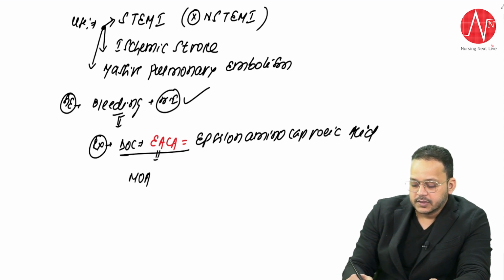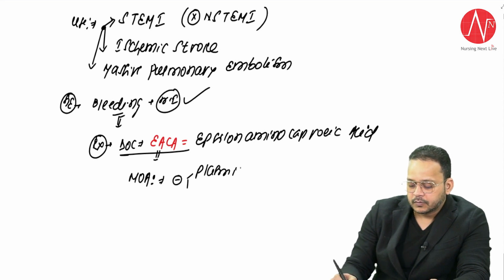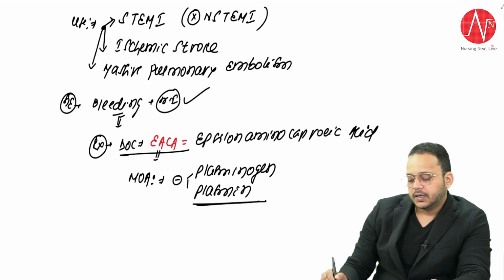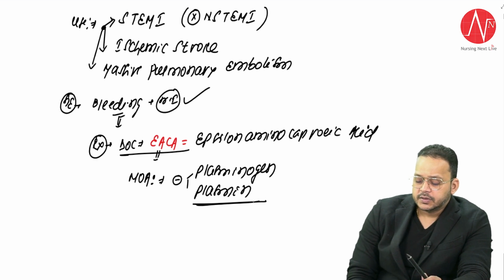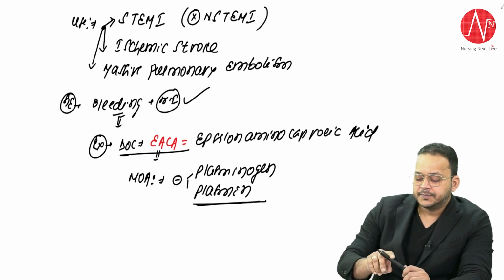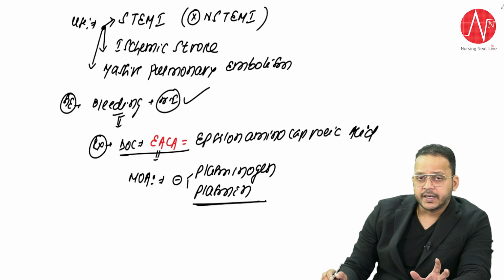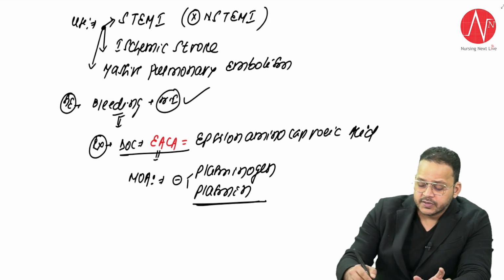What is the mechanism of action? It blocks plasminogen and blocks plasmin. So guys, the drug of choice is EACA, epsilon aminocaproic acid.